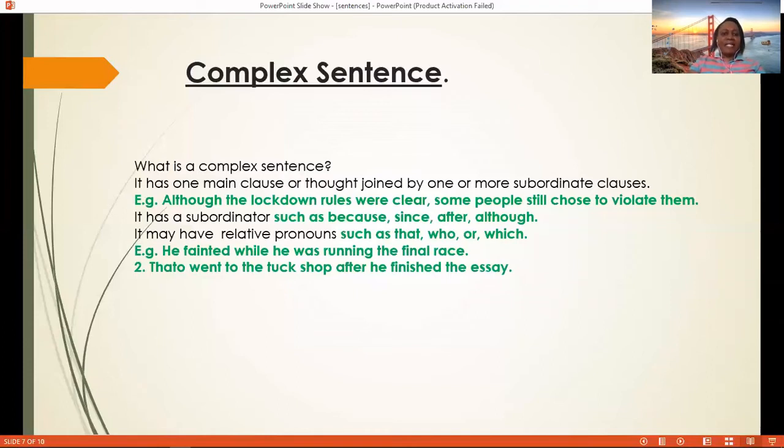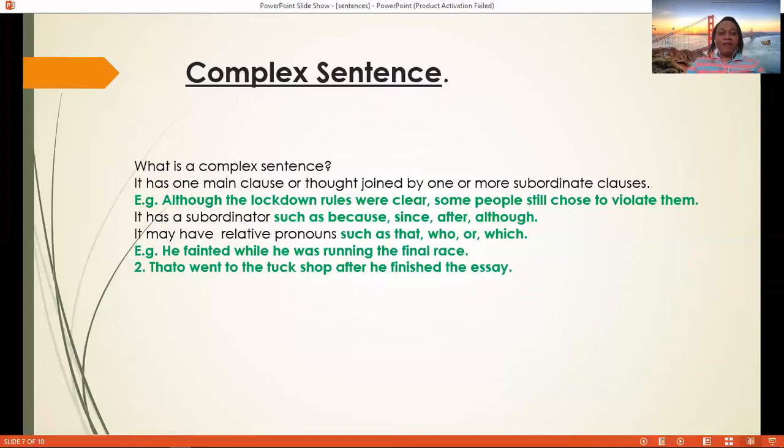Complex sentences, let's remember, have one main clause joined by two or more subordinate clauses. We can still add some more subordinate clauses to qualify or to explain further our main idea. A complex sentence might also have a subordinator, and we have our examples of subordinators.